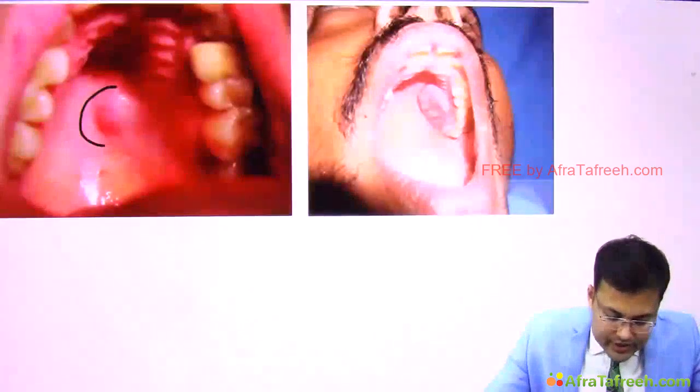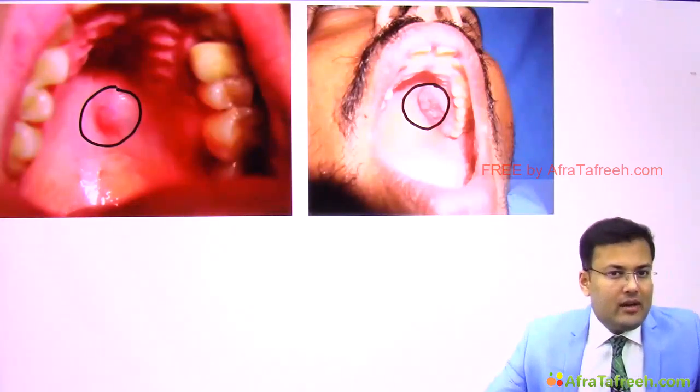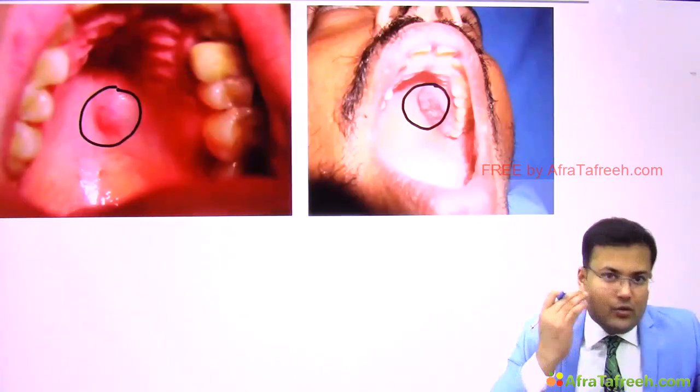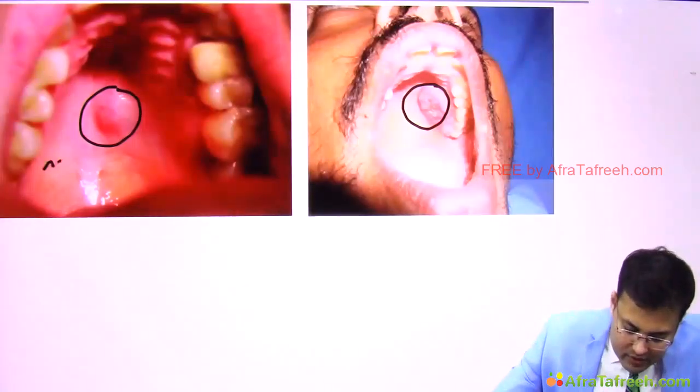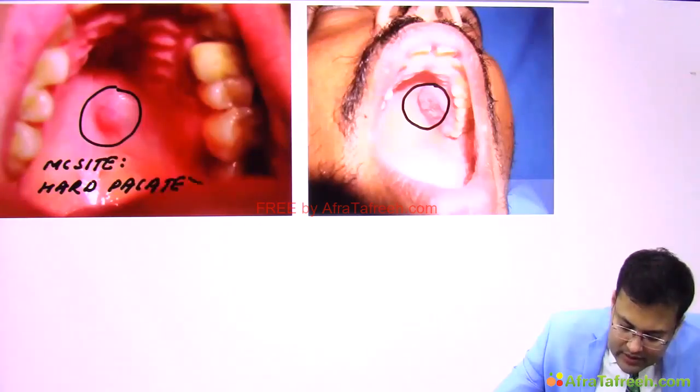Now see the location of this tumor. The most common site of adenoid cystic carcinoma is the hard palate, and the second most common site is the sinonasal tract. This question was also asked.